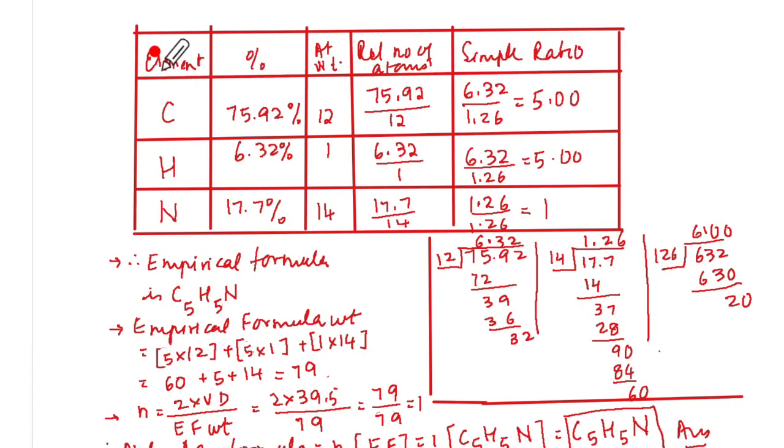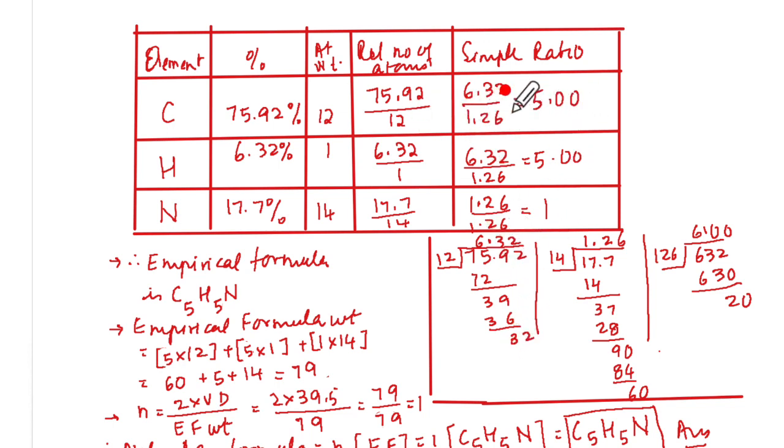This is the element carbon, hydrogen, nitrogen. The percentages I have written, atomic weights are written over here, relative number of atoms are written over here. That is this percentage divided by atomic weight, then this percentage divided by atomic weight, and this percentage divided by this atomic weight. So you can see the calculations.